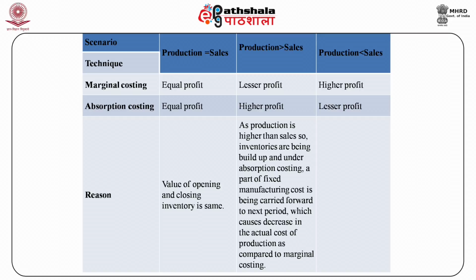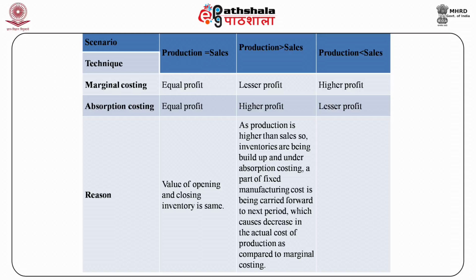Second scenario. In the second scenario, where production is greater than sales, the profit will be lesser under marginal costing technique as compared to profit calculated under absorption costing technique. The reason for the difference is that production is higher than sales.